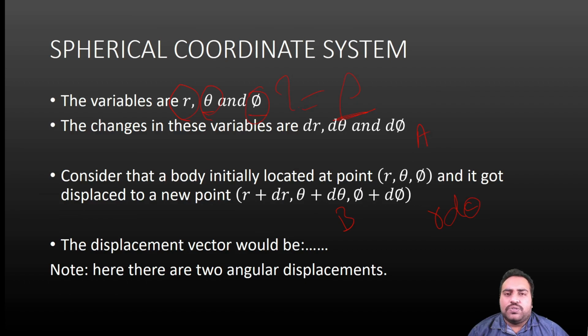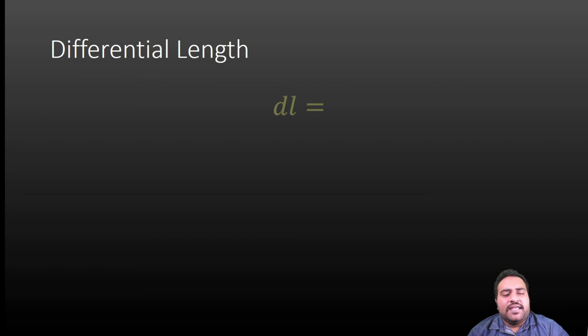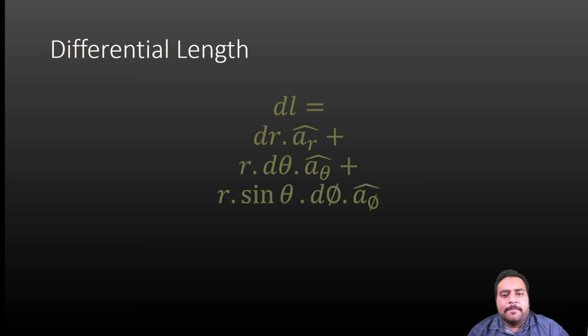I would request you to go back and visit them, where rho equals r sin theta is the result we saw in the previous classes. So the differential length element would be path length because of r plus path length because of theta plus path length because of phi, where this is nothing but rho.